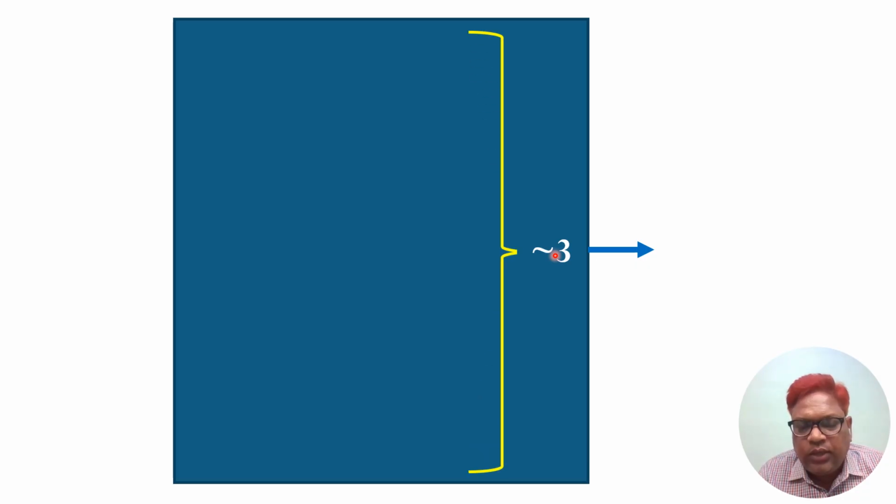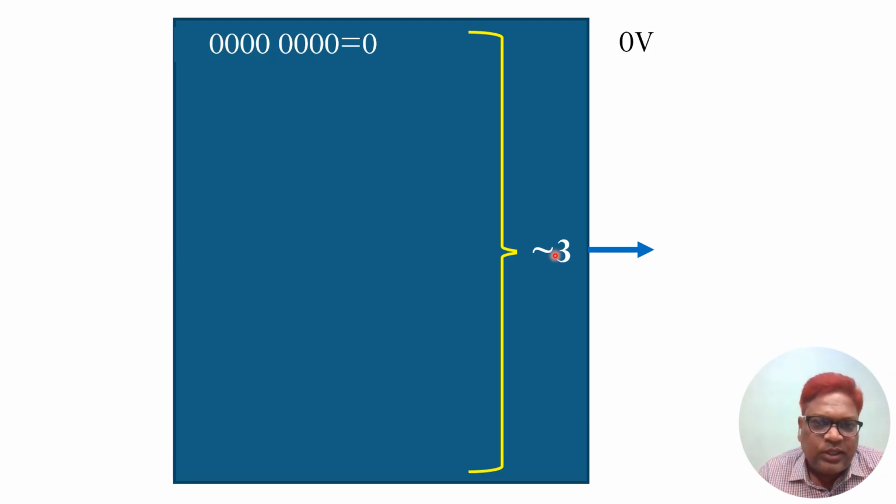Let us see now how it generates the voltages. Let us consider analog output 3. If you want to generate 0 volts, I need to provide the decimal number 0, but actually it is an 8-bit number.